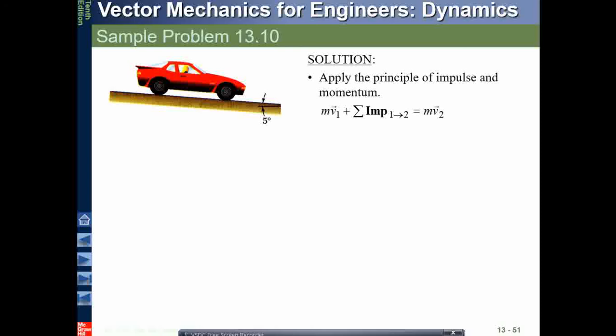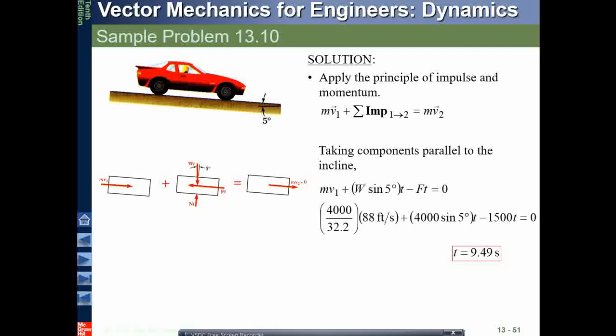So we have this impulse momentum equation, and first of all we have drawn the FBD. This was the initial condition, mv1. It has its velocity and mass. So this was the initial momentum plus, as I said, the weight times the time required to move this vehicle from this location to this location.